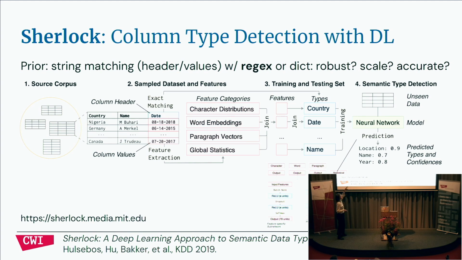Very convoluted page here, but the bottom line is we took lots of tables that were labeled with column labels, and then trained some neural network on it to predict the types. For example, location, name, year, etc. And this worked actually surprisingly well.